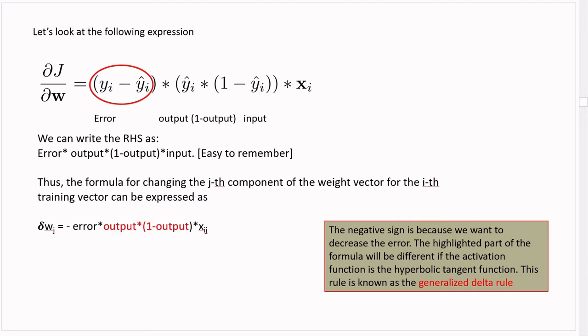So basically, if you look at the expression for del J by del w, this is how it looks like. The first term, yi minus yi hat, you can call it an error because that's the difference between desired or target minus actual. So that's the error times output times 1 minus output times input, or error times actual times 1 minus actual times input.